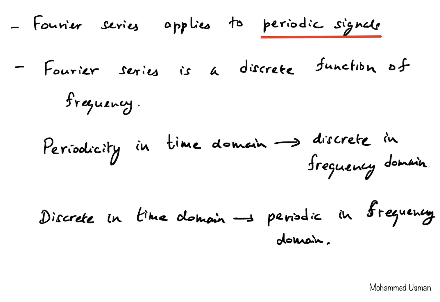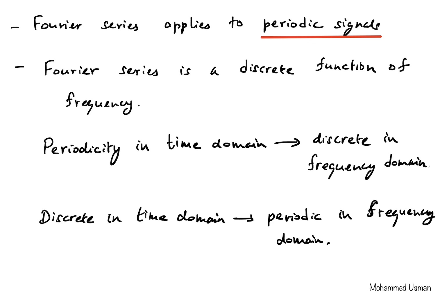Because when we're dealing with Fourier analysis, whether it is Fourier series or Fourier transform, we are trying to represent the signal from time domain to frequency domain and vice versa. So you need to have this point in mind: when the signal x(t) or x[n], whether continuous or discrete, is periodic in the time domain, then the Fourier series that we get is a discrete function of frequency.